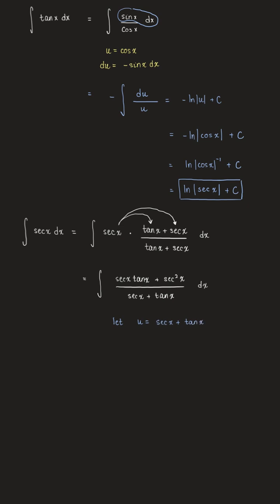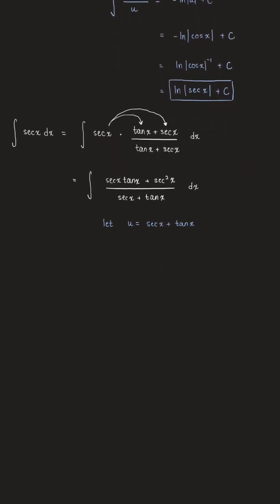And to transform the integral to be in terms of u, we also need the differential with respect to u. So du will be the derivative of u times dx. So the derivative of secant is secant x tangent x. The derivative of tangent is secant squared x, and this is all times the differential dx. So notice that this expression is the numerator of our integral right here.